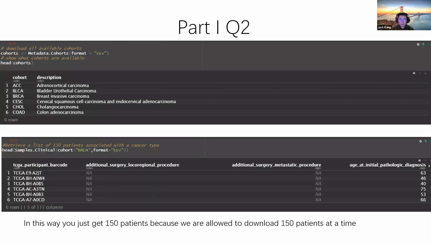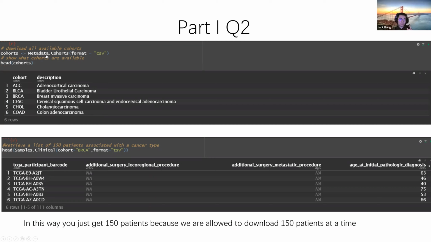Question two asks you to get processed data of glioblastoma from Firehose. The command you will be using is just sample.clinical, with cohort equal to a cancer type. Here I use BRCA as an example, but you will need to find the correct abbreviation for glioblastoma yourself.